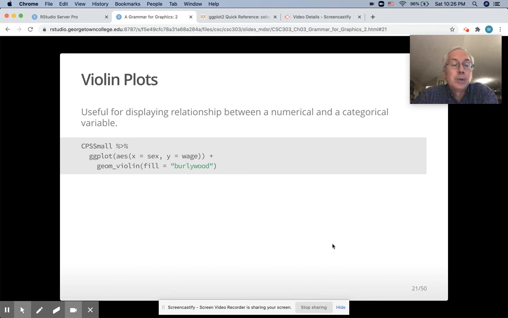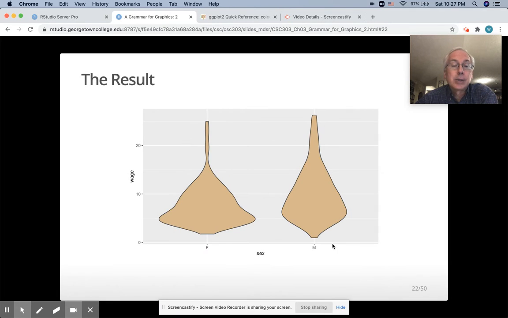Suppose that I wanted to break apart the wage data from CPS small. Recall we excluded an outlier in the previous video, and we want to break that down by sex. And so we're going to have sex on the horizontal axis. We have two different plots, one for males, one for females, and we're going to do violin plots on wages. And so let's take a look at that.